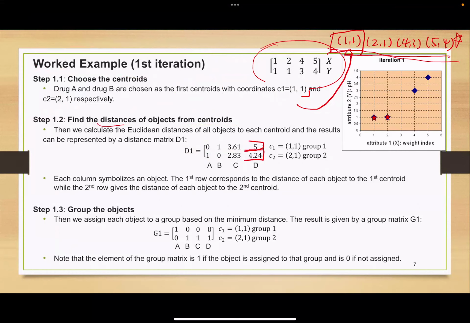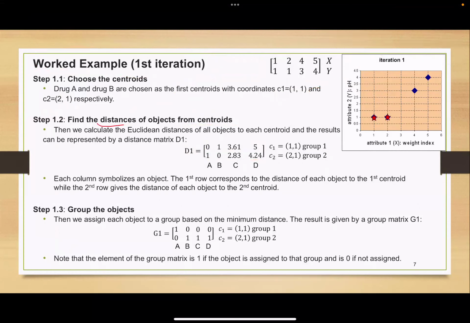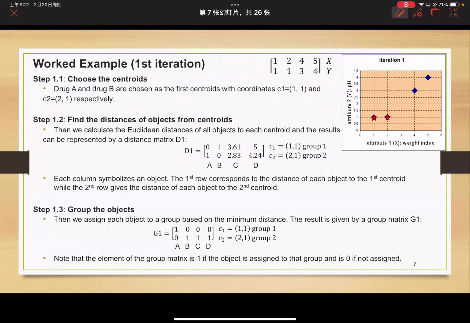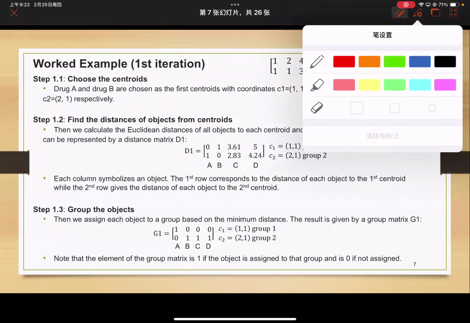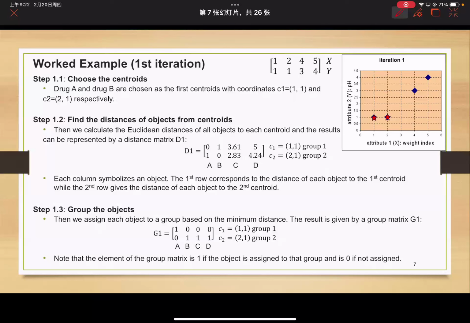Let me clean it and then let's make a summary here. Okay. So now the situation is that we have 4 data points. This is the sample.